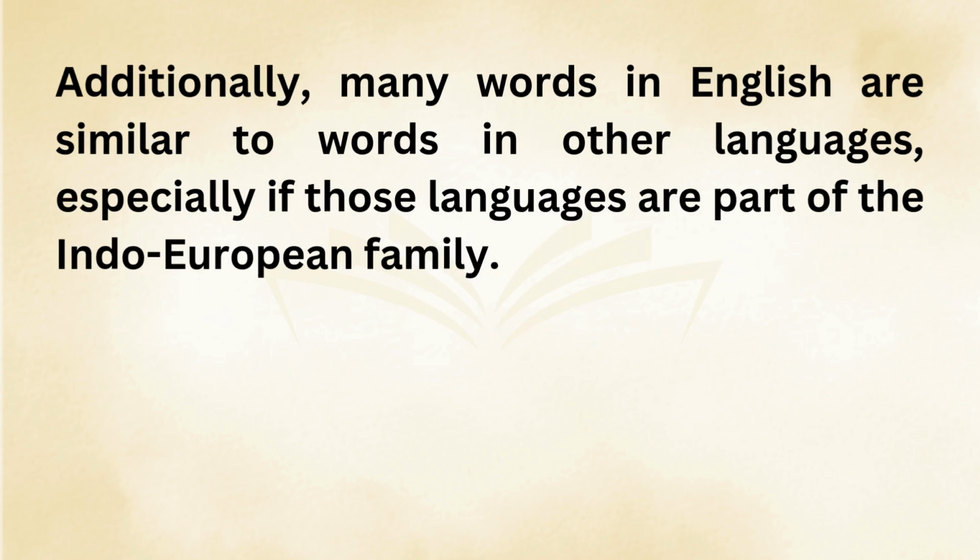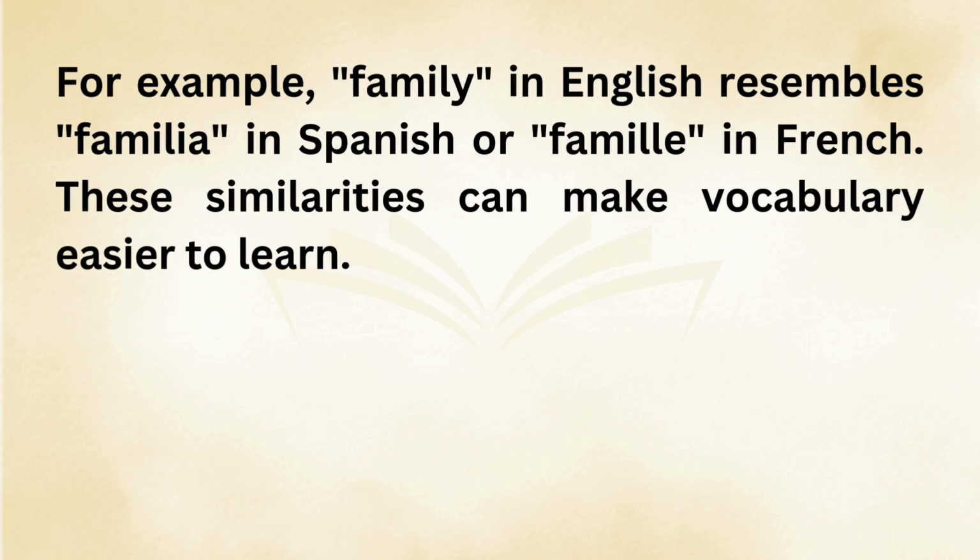Additionally, many words in English are similar to words in other languages, especially if those languages are part of the Indo-European family. For example, family in English resembles familia in Spanish or famille in French. These similarities can make vocabulary easier to learn.